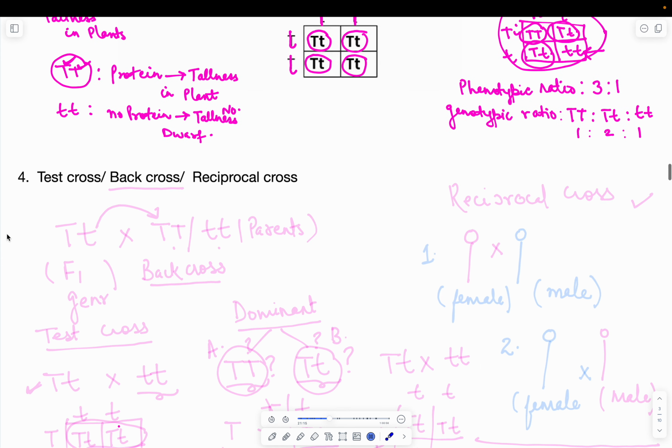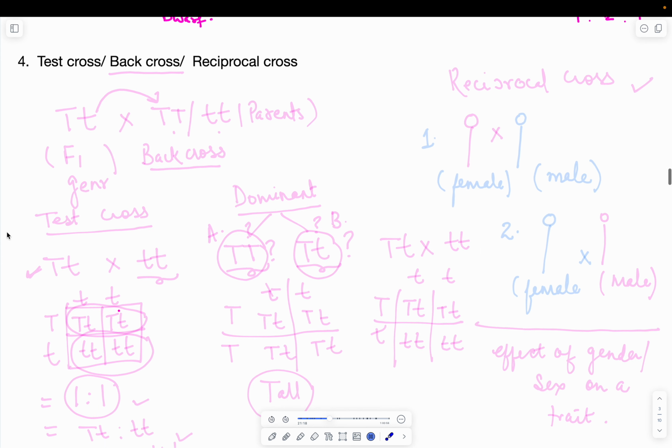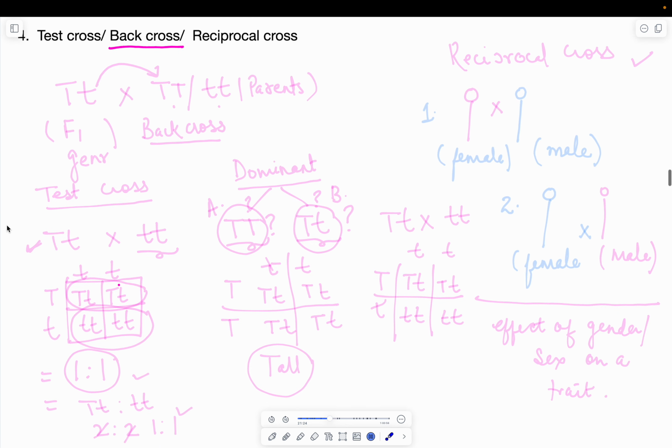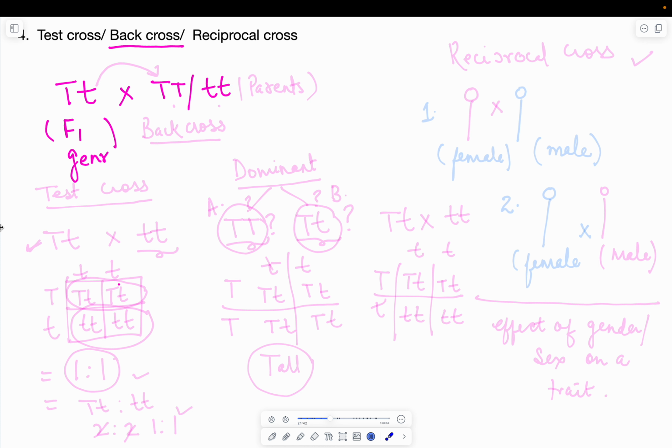Now we will study about the back crosses. So what is a back cross? Back cross is when a hybrid, this hybrid from the F1 generation, is crossed with any of the parents, either with the dominant homozygous parent or the recessive homozygous parent.